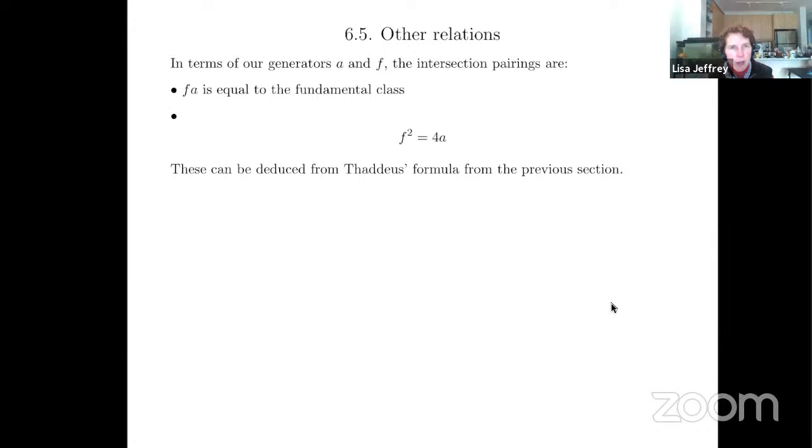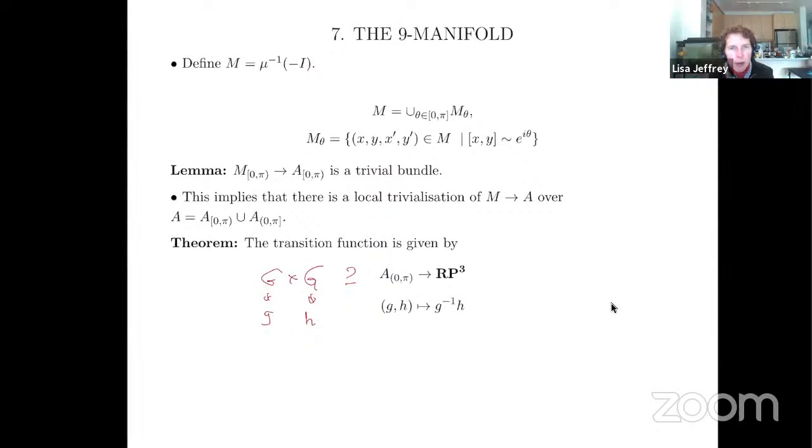So AF is equal to the fundamental class, and F squared is 4 times A. So the 9-manifold, this is mu.